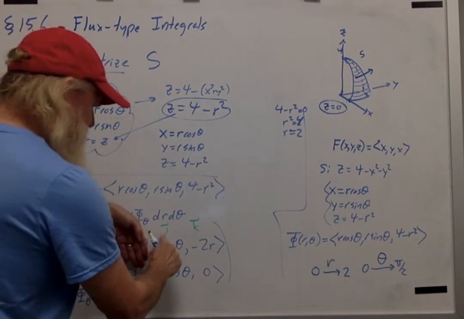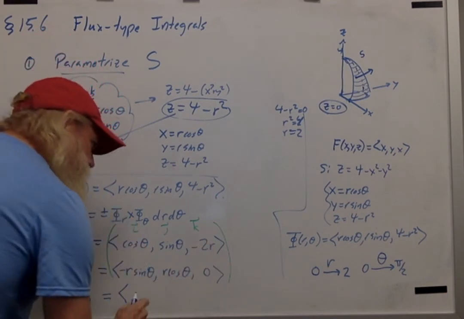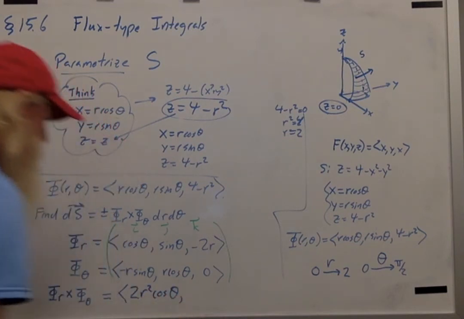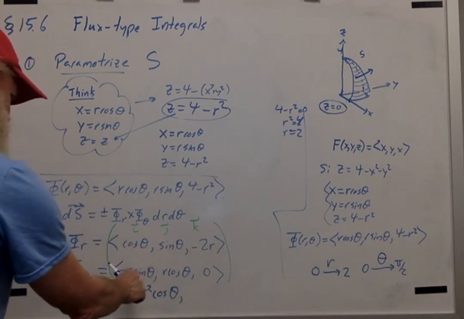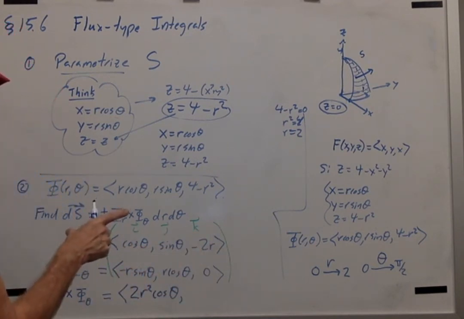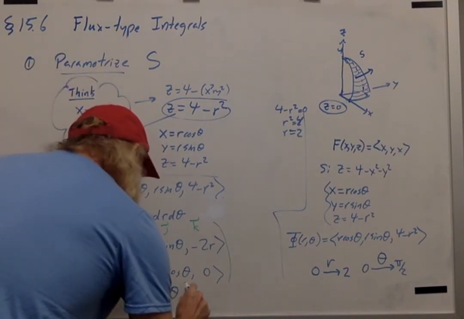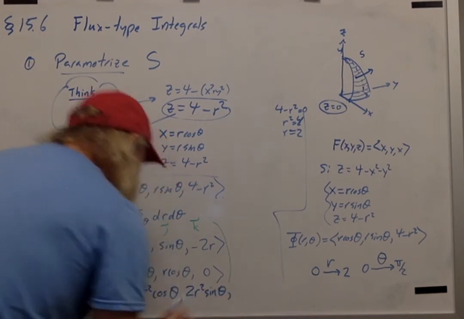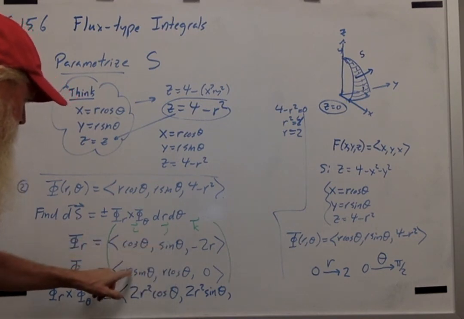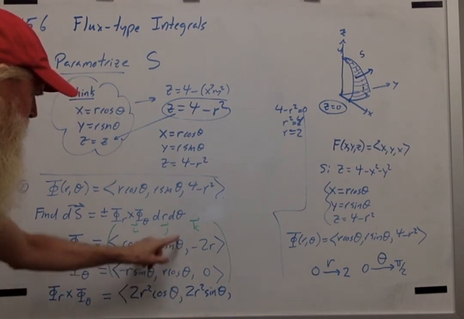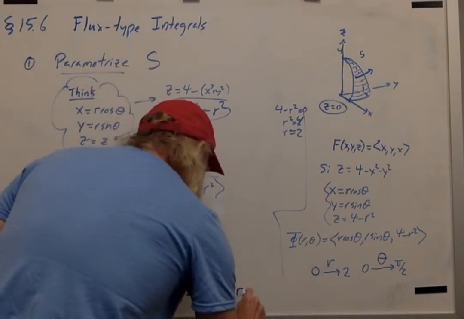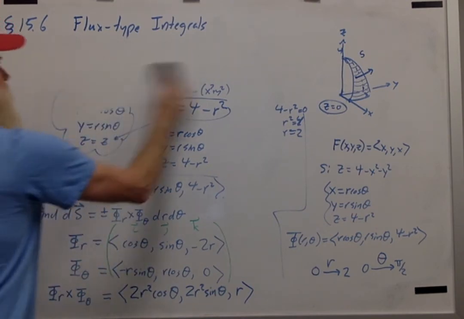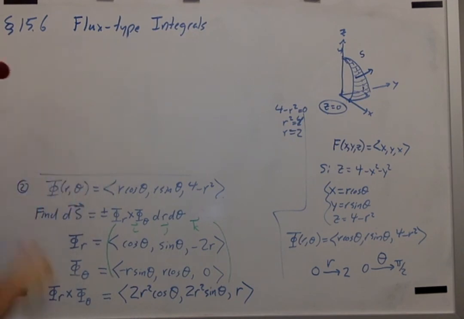So it would be i times 0 minus a negative, which is plus 2r squared cosine theta, minus j times this determinant, which will be 2r squared sine theta, plus k times this determinant, which is r times cosine squared theta plus r times sine squared theta, which is just r.